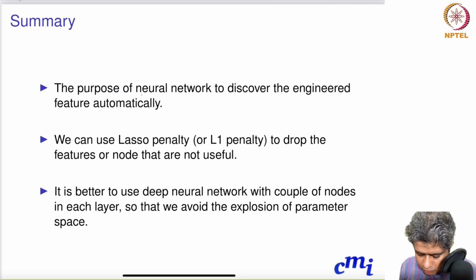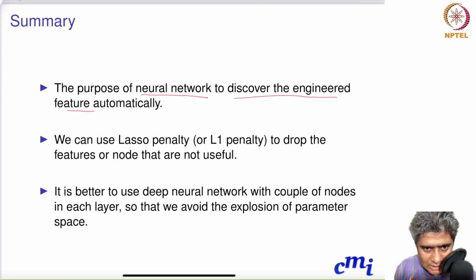So the purpose of the neural network is to discover the engineered features automatically. That is the main purpose. But as I say, even then my network can grow very fast and my parameters can explode.